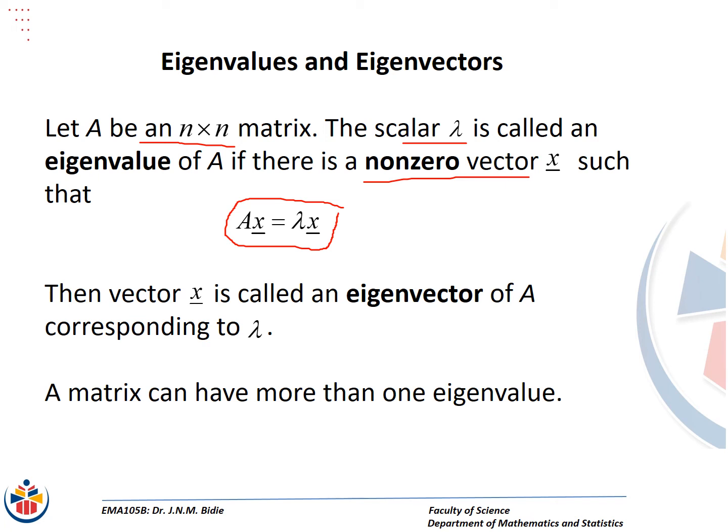Note that vector x can never be a zero vector. Then, if that equation is satisfied, we'll call that vector an eigenvector of A corresponding to that particular lambda. And note, any matrix may have as many eigenvalues as possible.